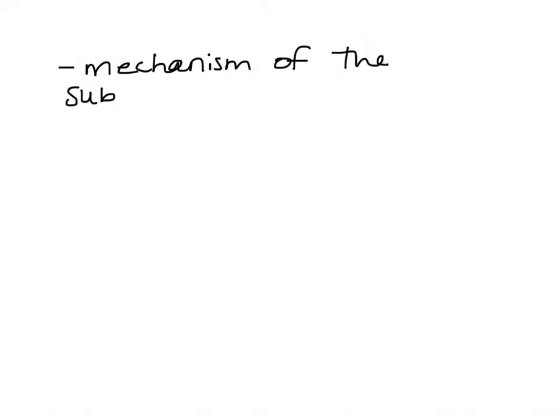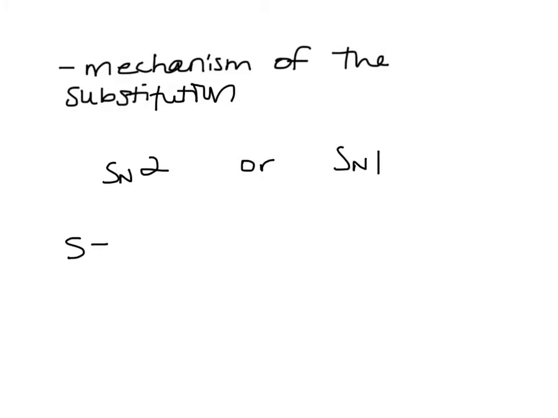Now, we need to figure out what is the mechanism of the substitution. And through experimental observation, we can either have an SN2 reaction or an SN1 reaction. Now the S equals substitution.